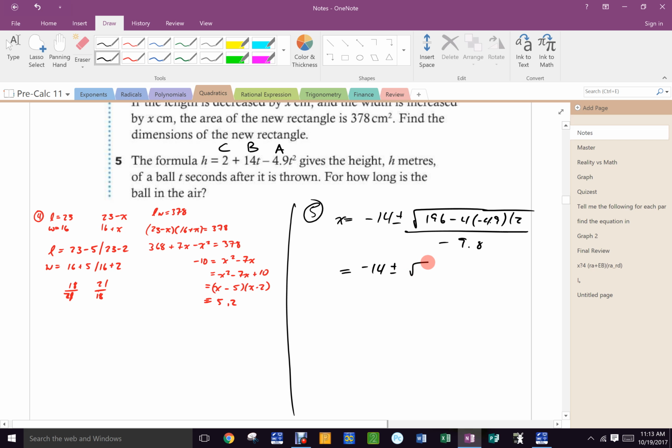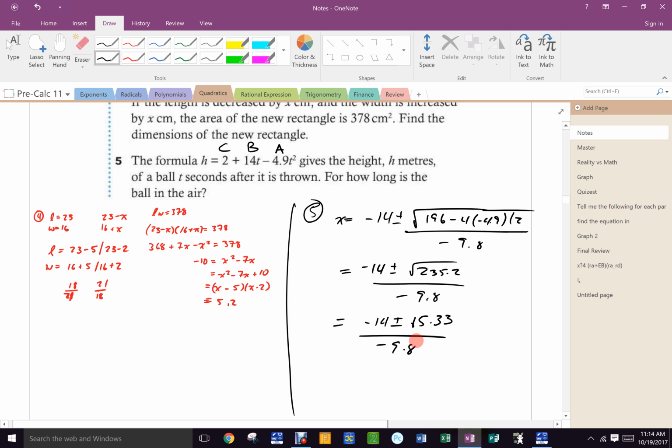So that's the square root of 235.2 over negative 9.8. So this is negative 14 plus or minus 15.33 over negative 9.8. Yes?